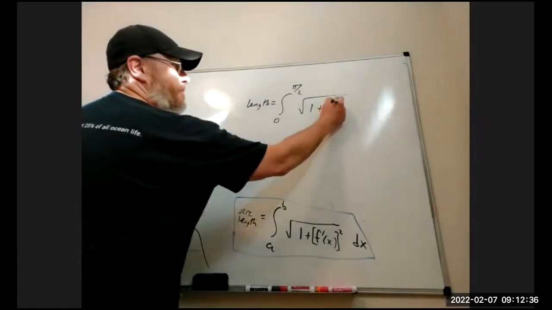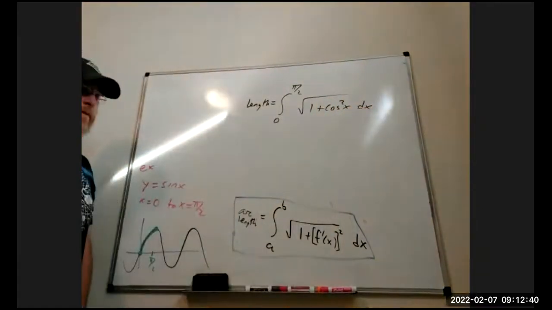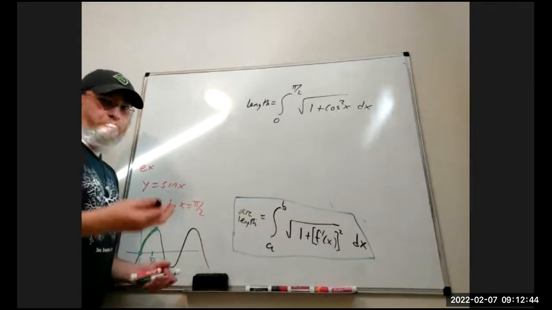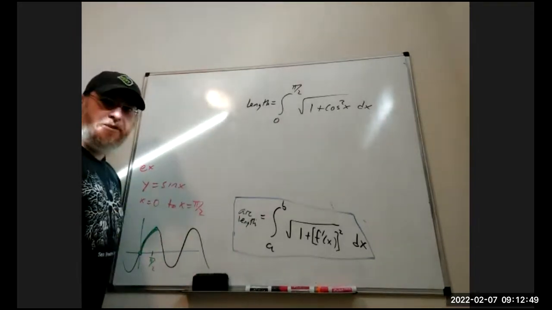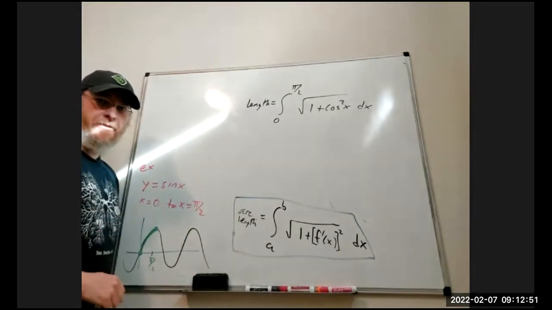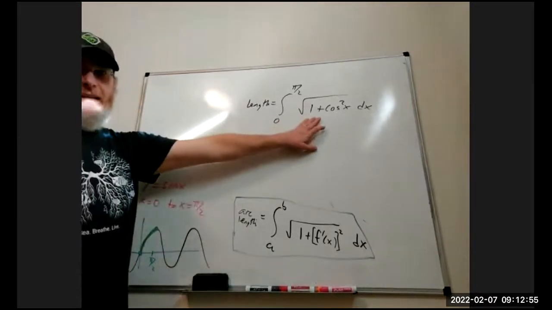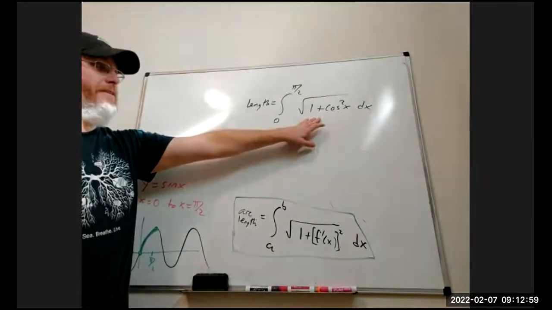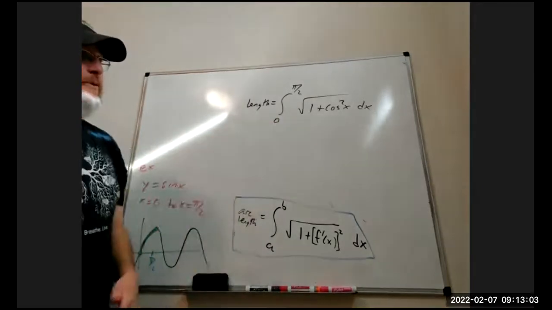So it's going to be the square root of 1 plus cosine squared x dx. All right. Again, punch this into a calculator and you'll get your value. But you can again see that trying to integrate this thing is going to kind of suck. It's not gonna work out very well for us with the methods that we know right now.